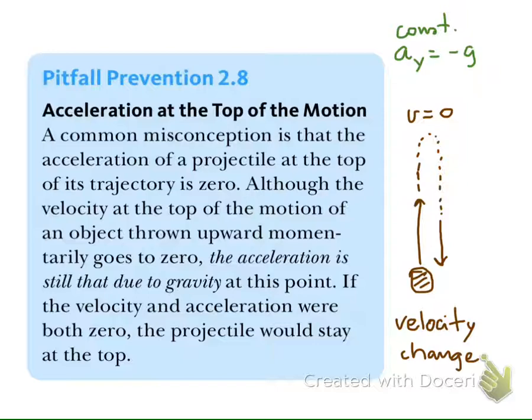The acceleration a_y points down, and its magnitude is equal to g. So the acceleration does not change, but the velocity changes. Some people think that at the top of the motion the acceleration is also 0, but that is not correct. It is the velocity that is 0, but the acceleration is a constant throughout the motion.